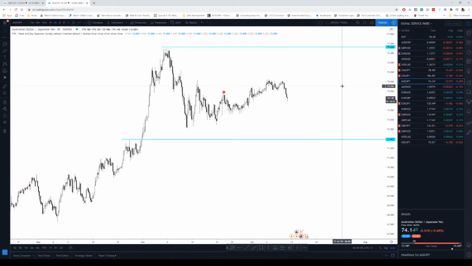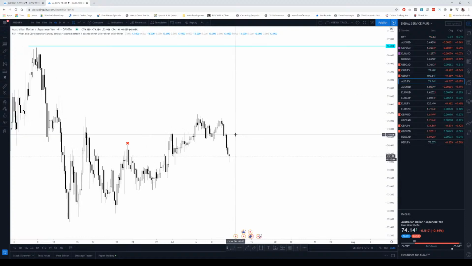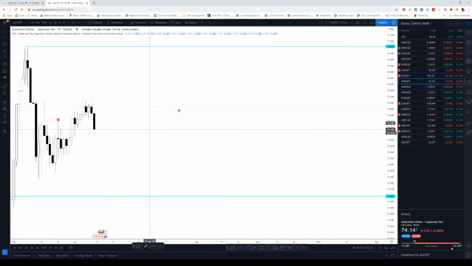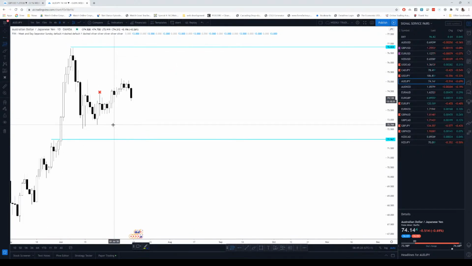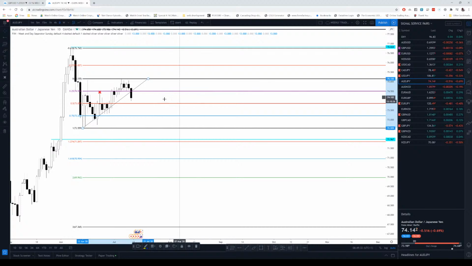I'm gonna fly through them because I don't have much time left. Aussie yen, I don't see anything to frame a trade on. Let's measure the range. That's where I was going to mark out anyway.